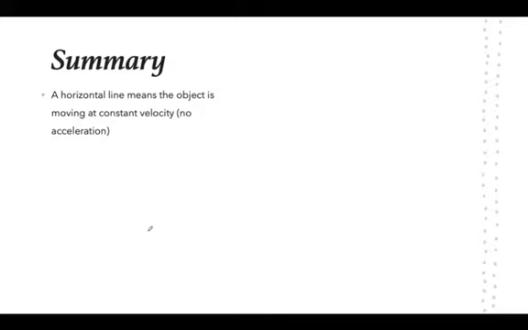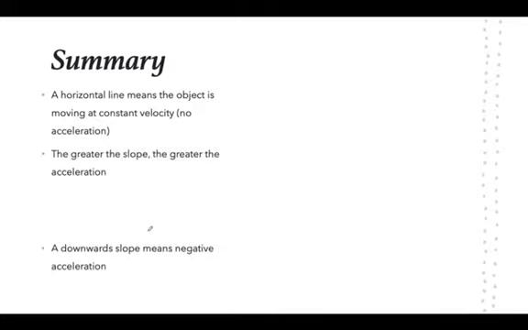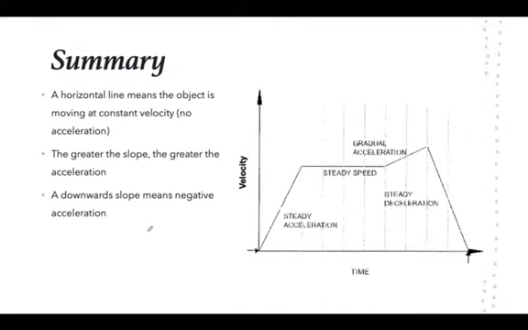If we look at this in a single graph, it means we can find out several things. A horizontal line means that the object is moving with constant velocity. A positive slope means that we have positive acceleration.